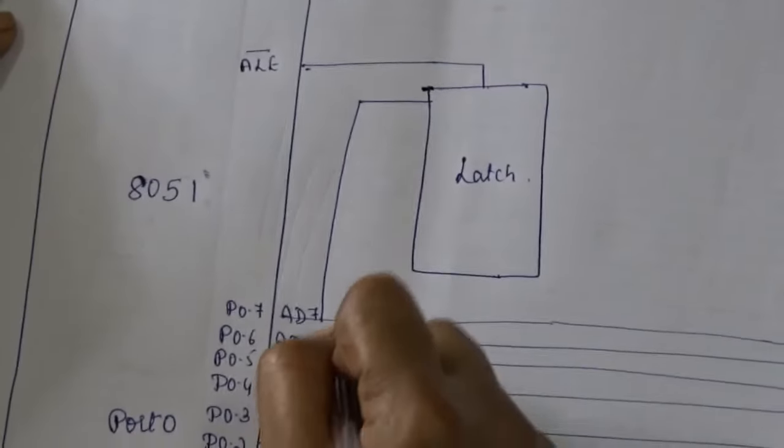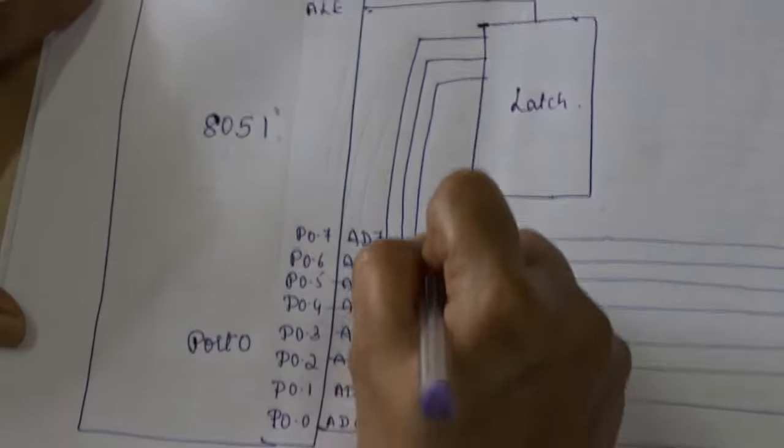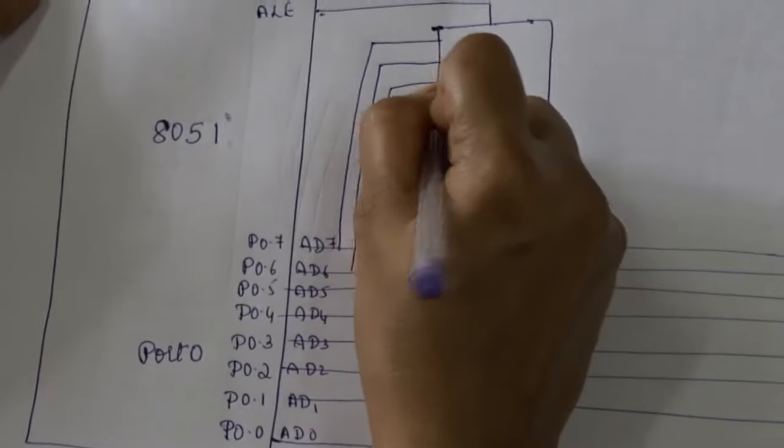So we need to connect all these multiplexed address and data lines to the latch.